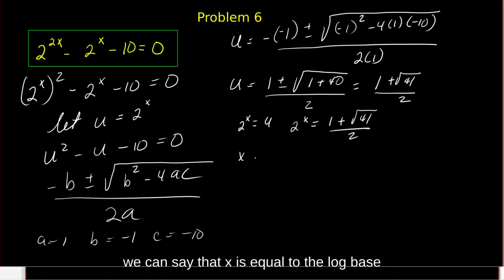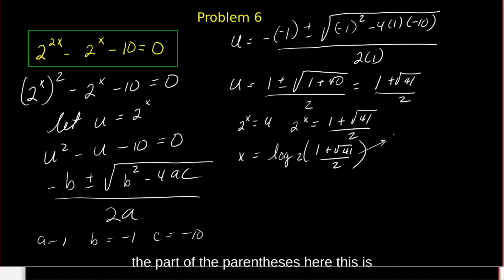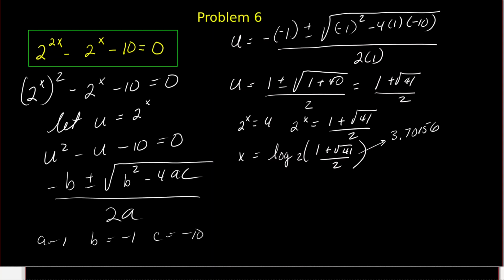We can say that x is equal to the log base 2 of 1 plus the square root of 41 over 2. The part in the parentheses here is equal to 3.70156.